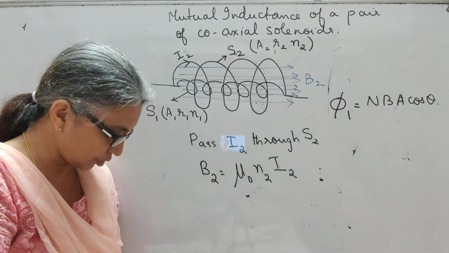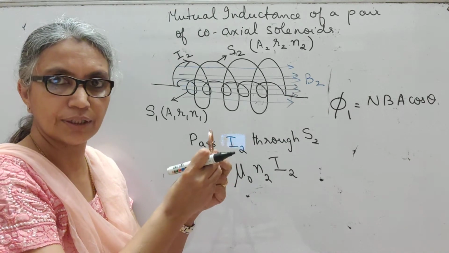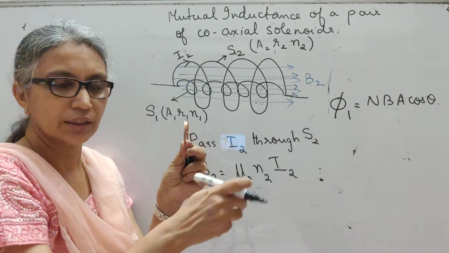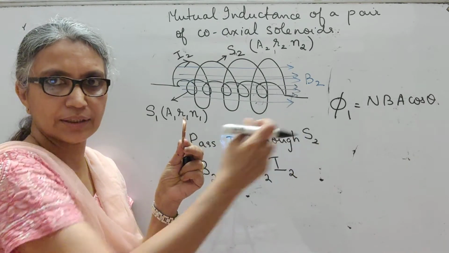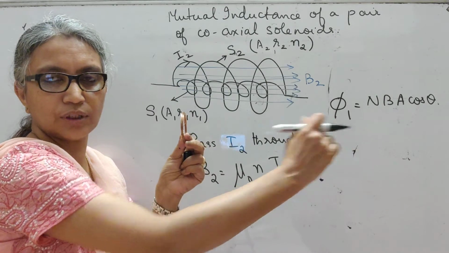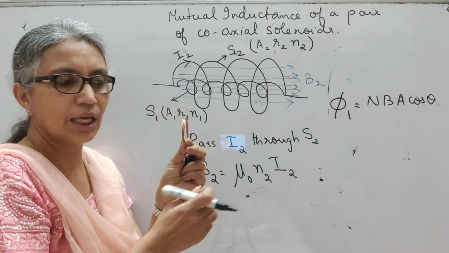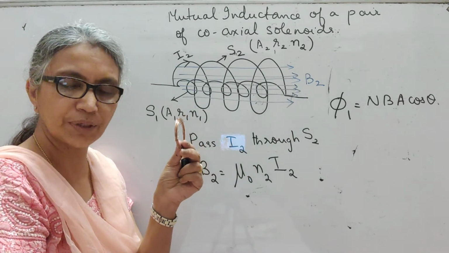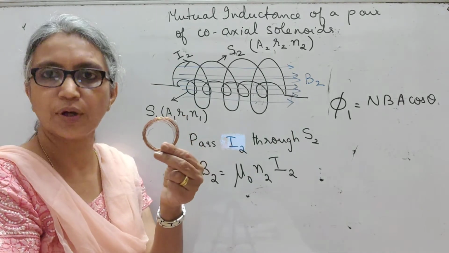And the area vector of the turn will also be perpendicular to the plane of that coil, and therefore the magnetic field and the area vector for a solenoid will both be in the same direction. I hope you understood that.